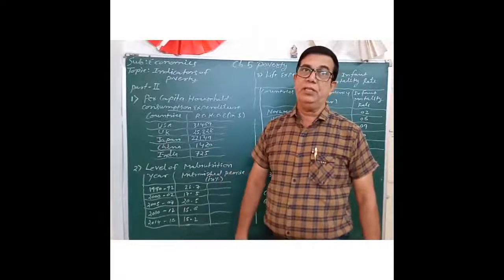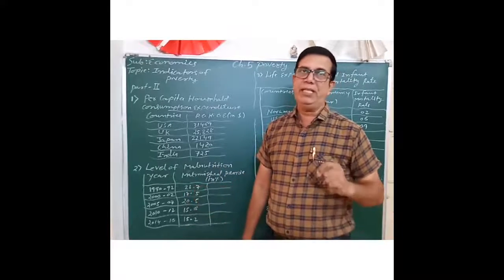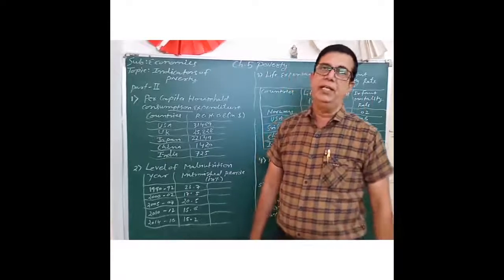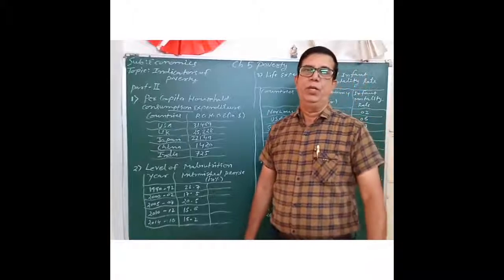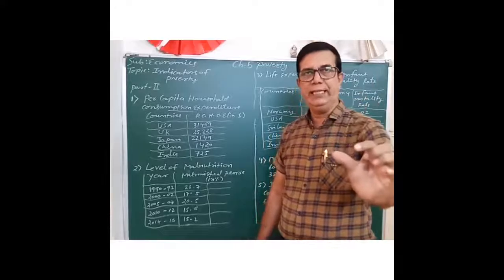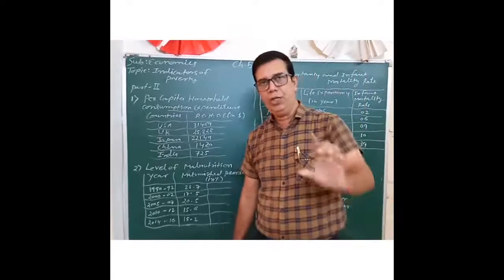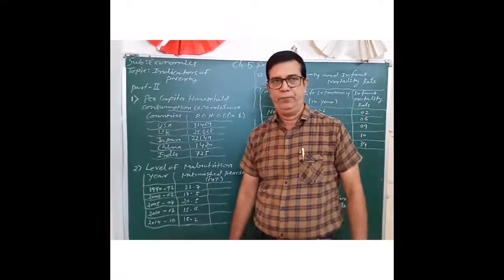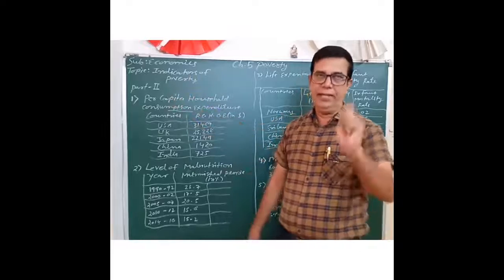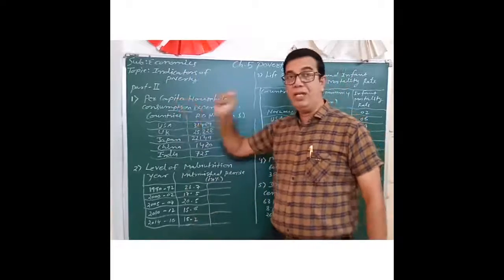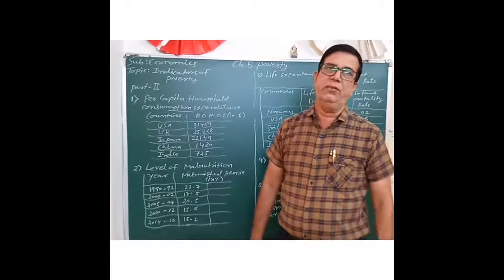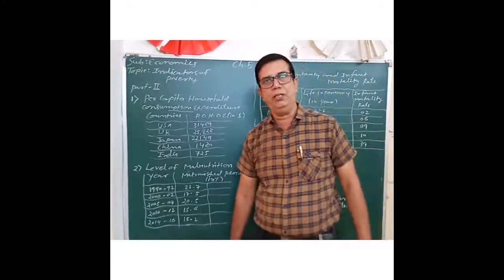In the last chapter I already explained, per capita income means total national income of a country divided by total population of a country.